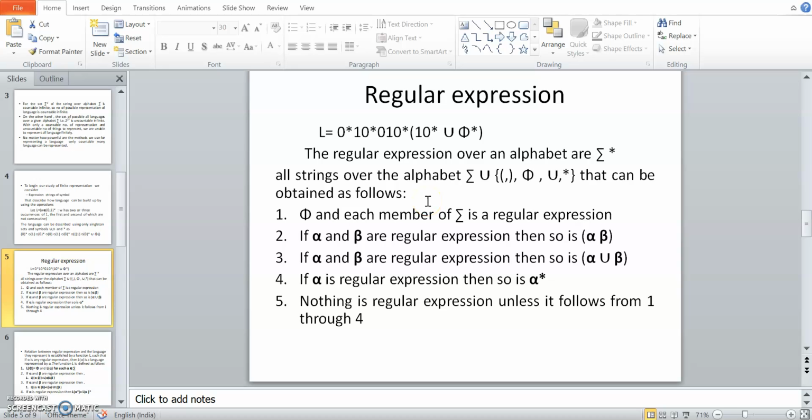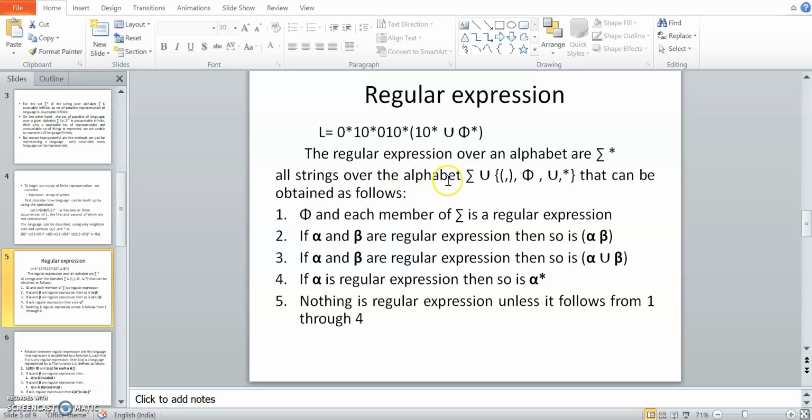In short, how do we represent a regular expression? A regular expression doesn't contain only the alphabet set sigma, but may also contain parentheses, theta, union and the star. We'll see later what the symbol star is. Actually, it is called a closure. We'll see it in the next topic.